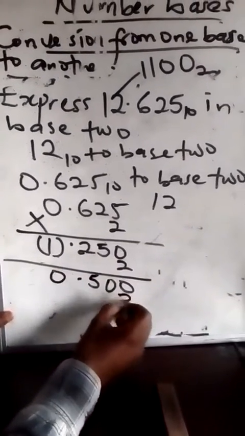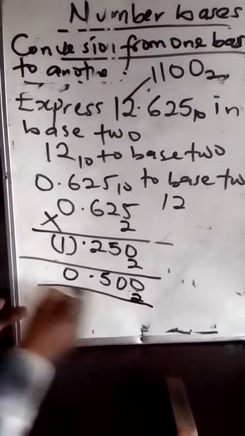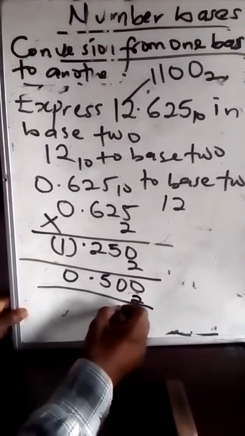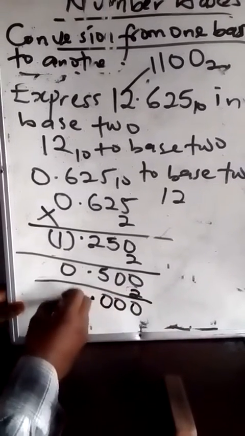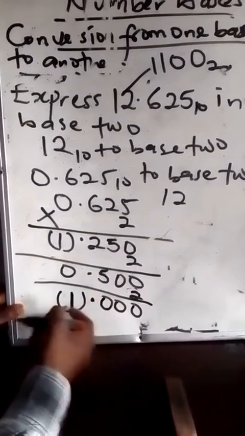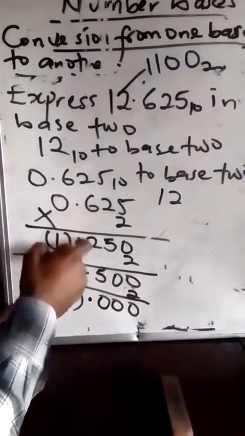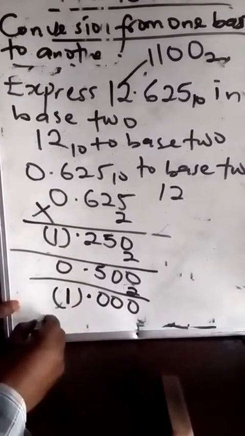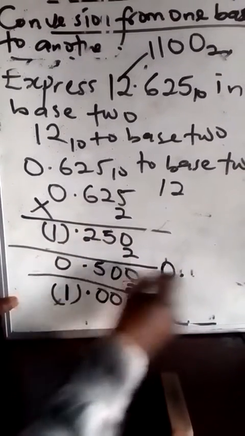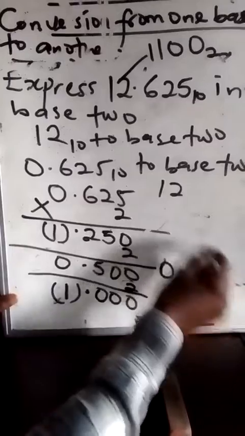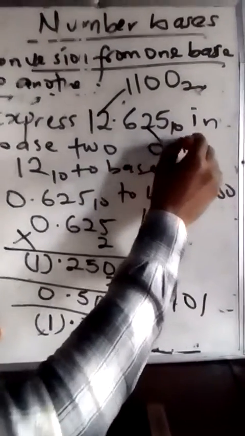Now use that 2 again. 2 times 0 is 0. 2 times 0 is 0. 2 times 5, 10. The one that remains, you drop it in. So you are writing it from the top: 0.1, 0.10, 0.101. So this one gives us 0.101.